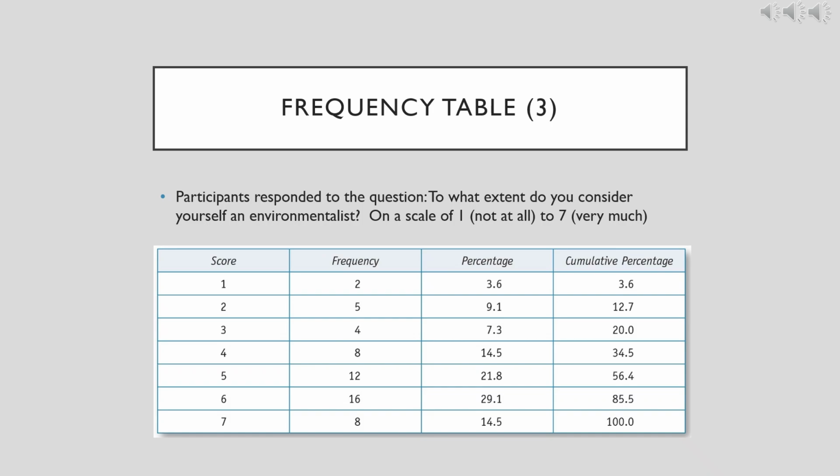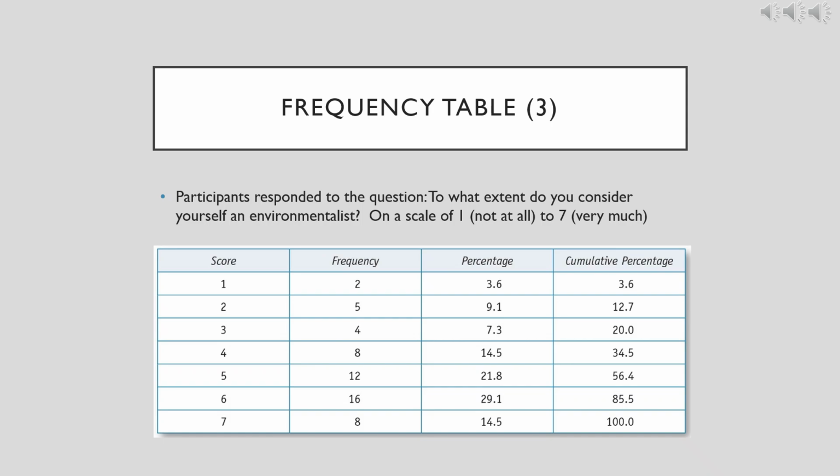Let's say these are folks from Boulder. Well, a lot of people actually are scoring at the higher end of the scale, because you can see 12 people scored a 5, 16 people scored a 6, 8 people scored a 7, and only 2 people scored a 1, right? So a lot of people are actually scoring more towards the high end of this scale, which could make sense for the type of sample that you collected here.